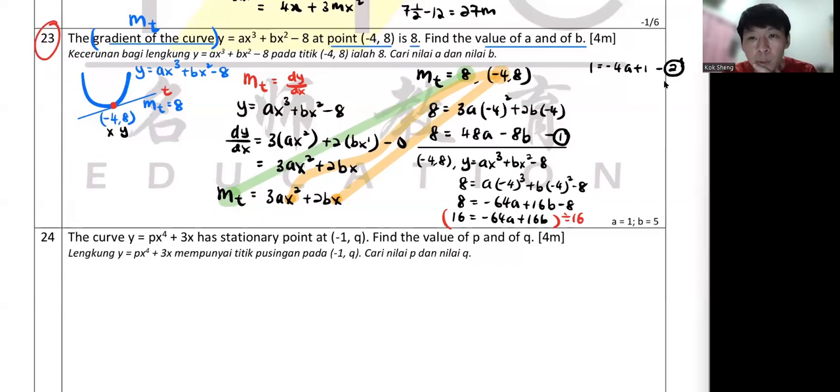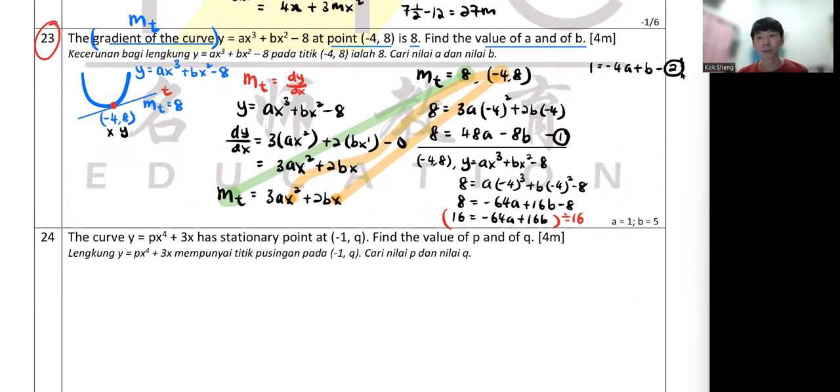Which one is better? We start from 2. Sorry. I missed out the b actually. Should be 1b. So we can start from the second one. We can find b equal. From the 2, find b.